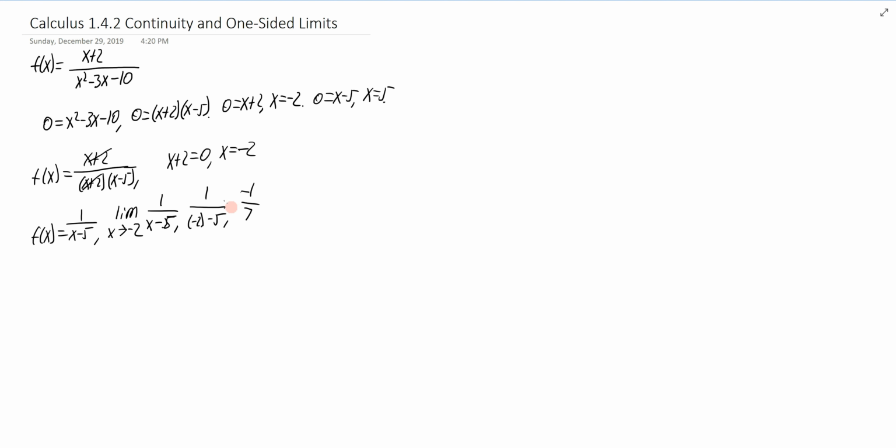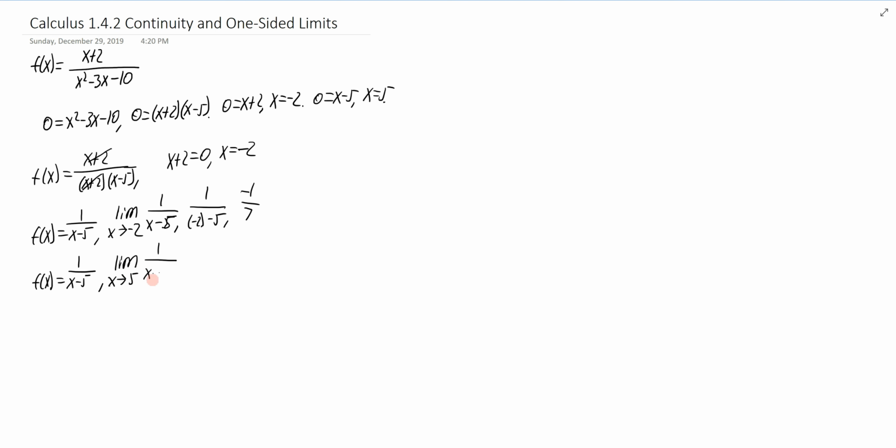Now let's check out 5 really fast here. With 5, unfortunately this hole test doesn't work too well because we can't prove it's a hole. There's no common factor that can knock it out in the numerator. So let's just immediately go to our limit test. We have f of x, again, equals 1 over x minus 5, and we have the limit as x goes to 5 of 1 over x minus 5.